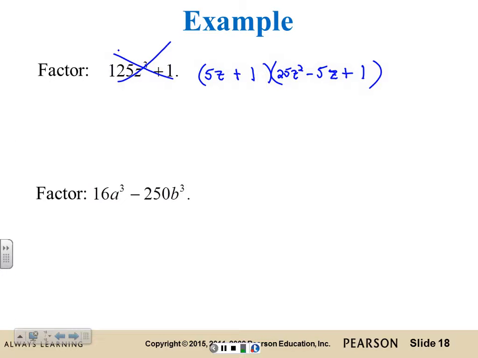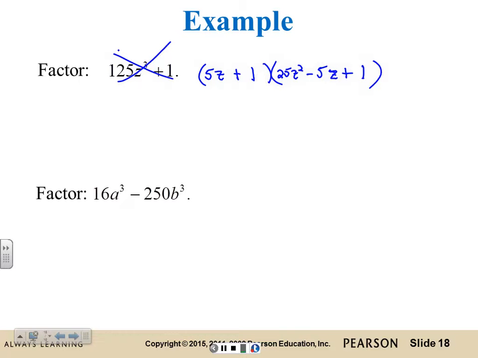Alright, so the one on the bottom, let me see if there's something in common, maybe a 4. No, okay. But there has to be something in common because 16 is not a perfect cube. What if I divided out a 16? Nope.